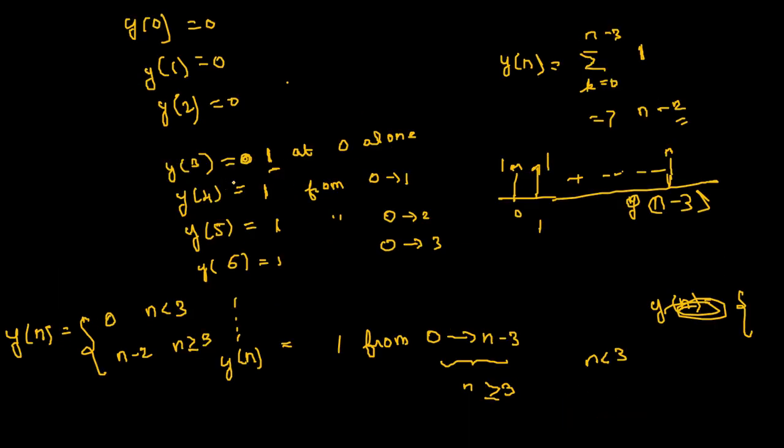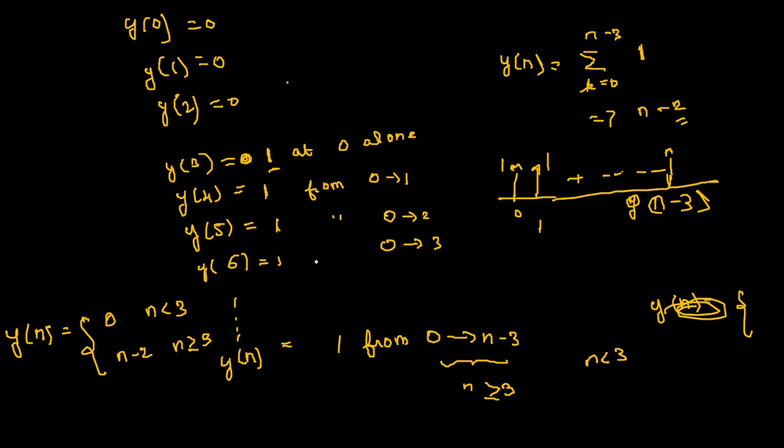You can see for y of 3, I have 1 only at 0. At y of 4, I have 1 at 0 and 1. At y of 5, I have 1 at 0, 1 and 2. Similarly, it keeps on going.